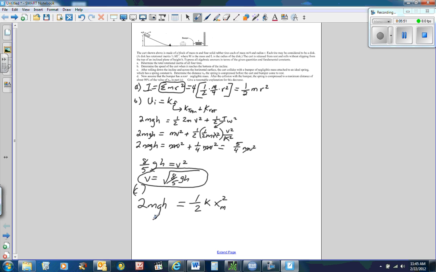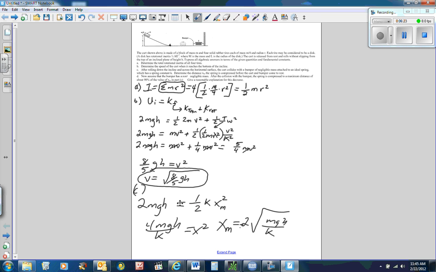So if I do that, then I get 4mgh over k equals x squared, or x equals the square root of 4 mgh over k, which would be 2 square root of mgh over k. And that's going to be my answer for the maximum compression of that spring.